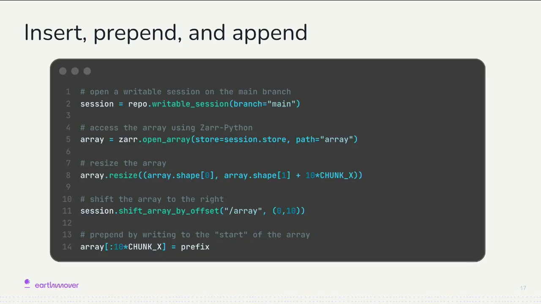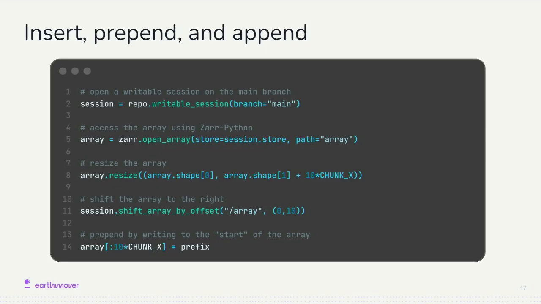This is how you do a prepend. So in Zarr, your chunk grid starts at 0 and goes forward along each axis. And if you want to add data before the start of the origin, there's no way to do that. The only way to do it is to rewrite the whole array.